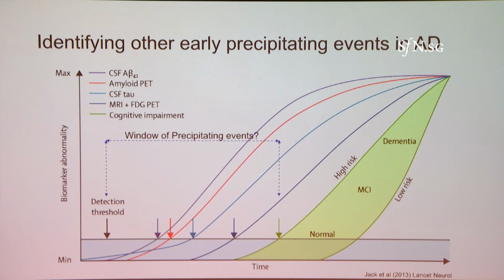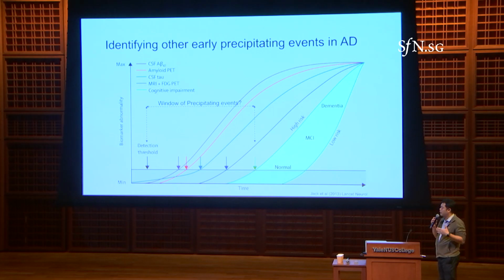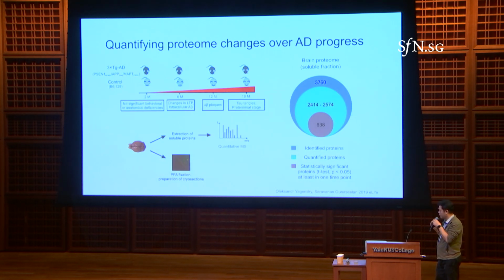But I think we can do better in trying to identify within this window precipitating events that could help us stratify even better who might already be suffering from AD at a pre-asymptomatic stage, and also to identify new mechanistic insights to help us understand how AD is generated.